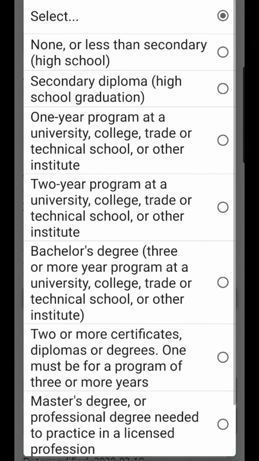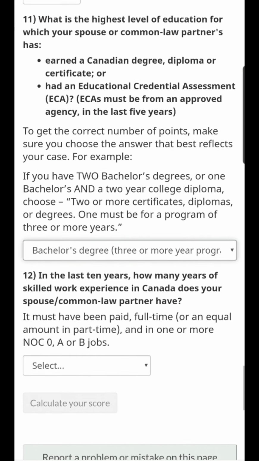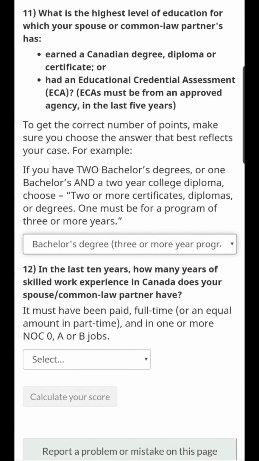So you can select the degree which is stated in the WES report. I will select bachelor's degree. If you get a WES report even for your spouse, then there will be an additional score for you.